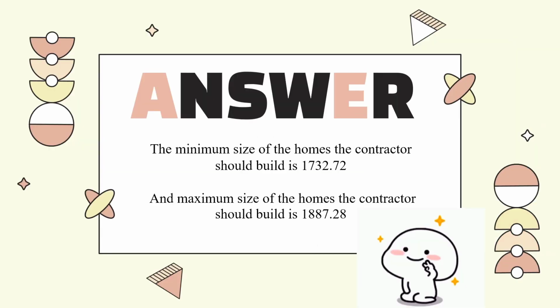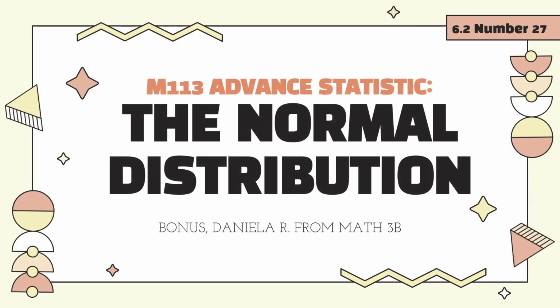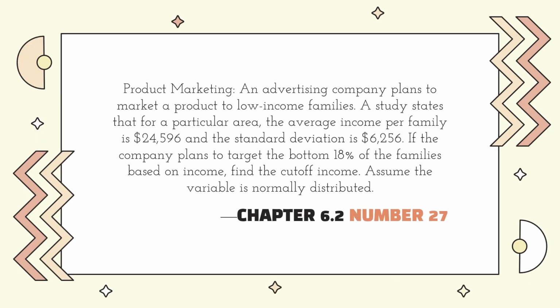So therefore, the minimum size of homes that contractors should build is 1,732.72 square meters, and the maximum size of home that contractors should build is 1,887.28 square feet.